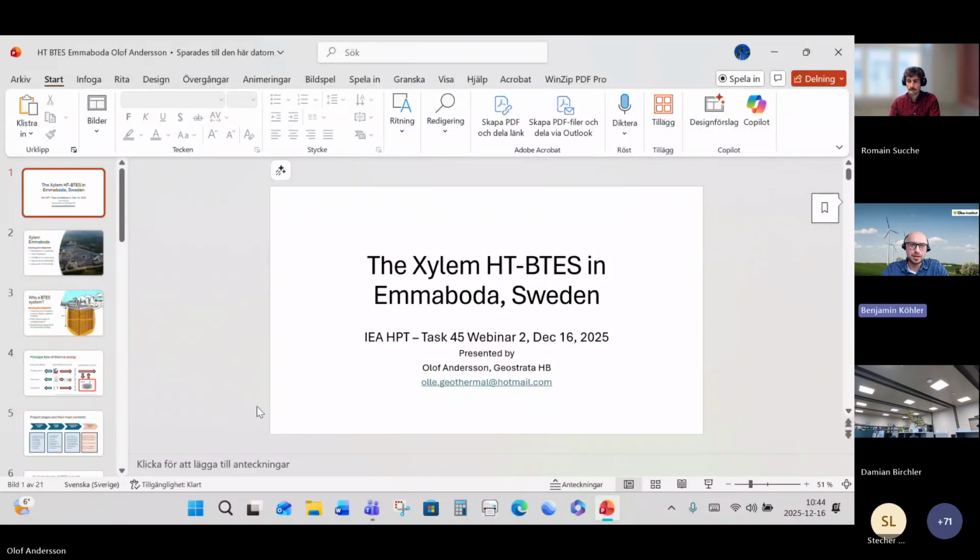But would you say that also higher distances would still be feasible? Yeah, I think so, yes. But then you have to calculate. Okay, thank you.